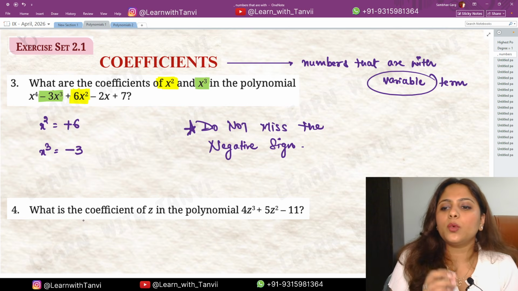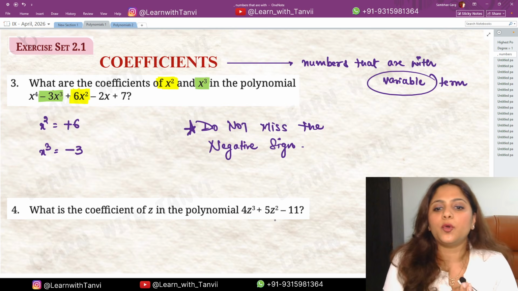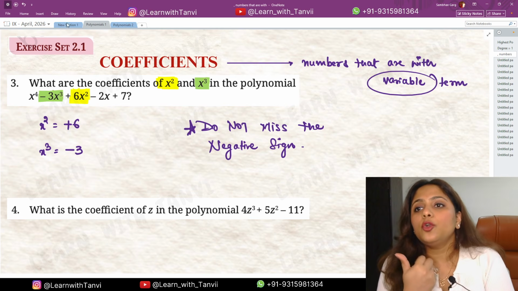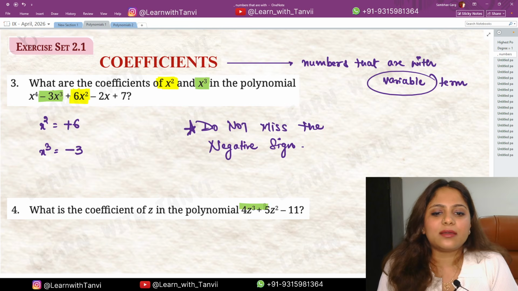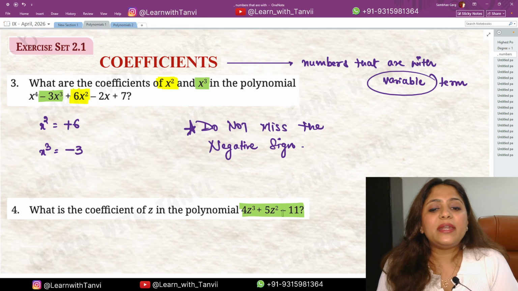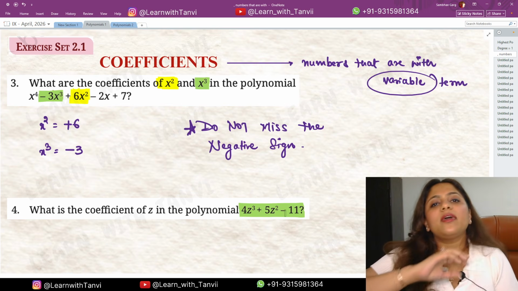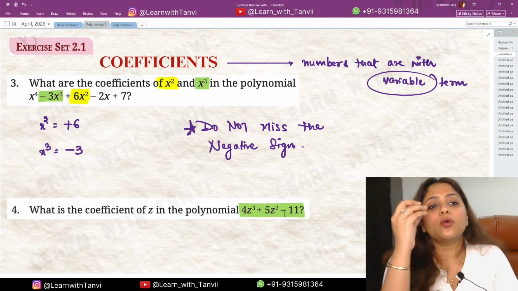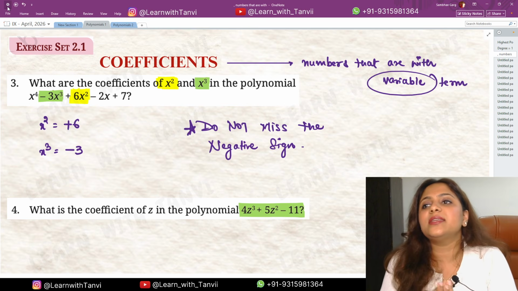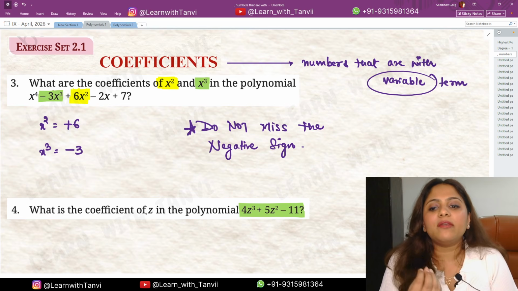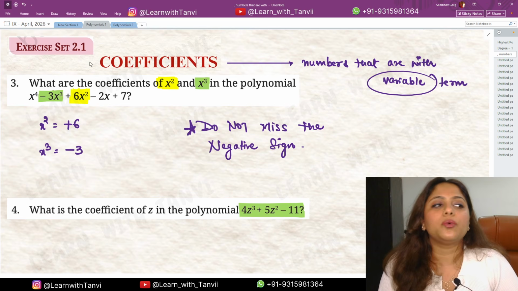Fine. Now here what is the coefficient of z in the polynomial? It's a good question. Do you see any z in this polynomial? Beta, if they are talking about z, that means only z. No z square, no z cube, nothing. Coefficients उसी का बताया जाता है जिसका वो पूछ रहे हैं. अगर वो z का पूछ रहे तो z ही ढूंढूंगी.